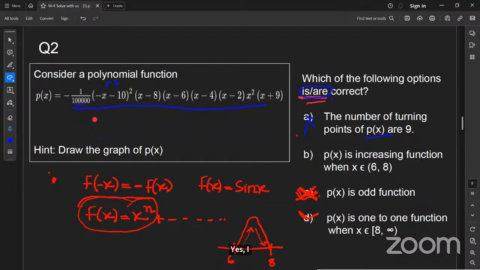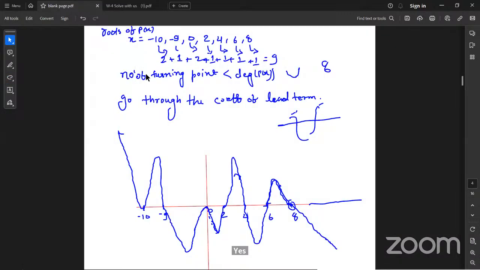Sir, your screen is not visible. Okay, just a minute. Something is going wrong actually. Every time I try to do this, it is cancelling, removing from my pad, from my laptop itself.